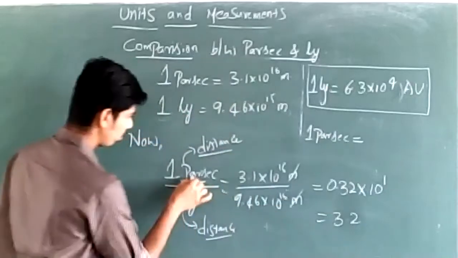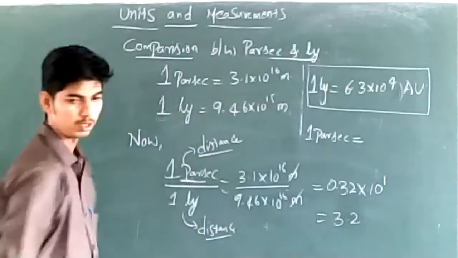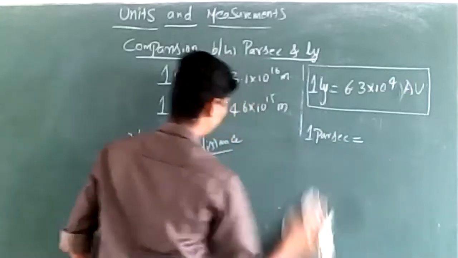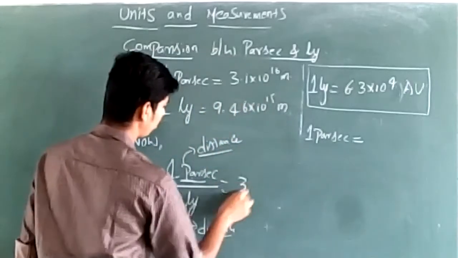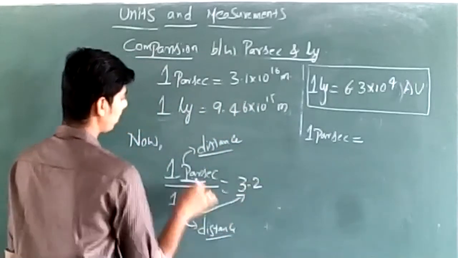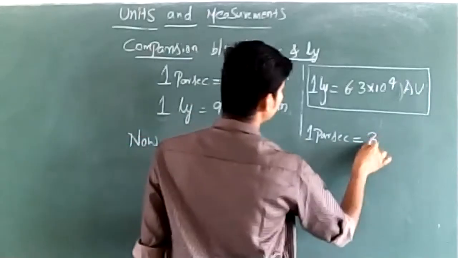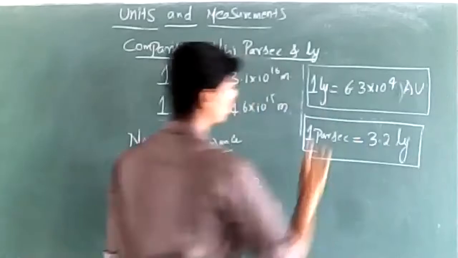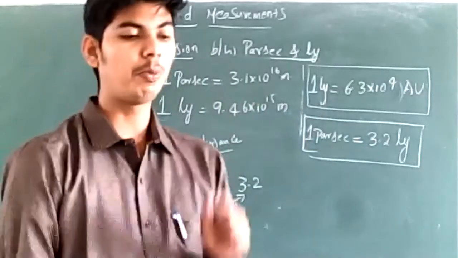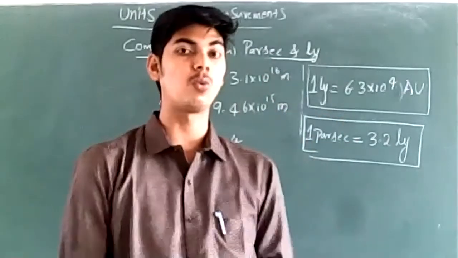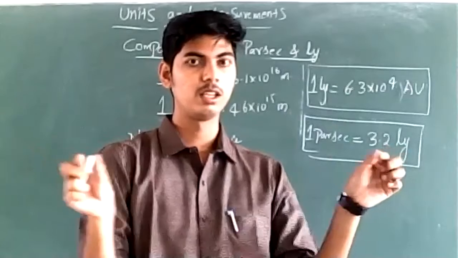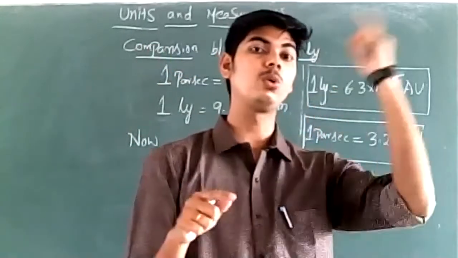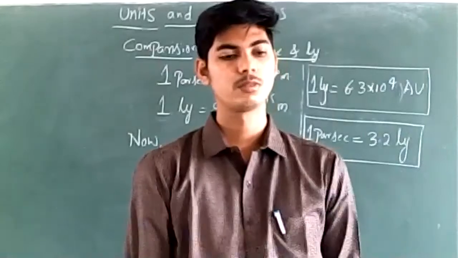ಹಾಗಾದ್ರೆ 1 parsec is equal to... ಇಲ್ಲಿ ಬರ್ತದೆ ಗೊತ್ತಾಗ್ತದಾ. ಇದು ಡಿವೈಡ್ ಮಾಡಿದ್ರೆ ನಿಮಗೆ ಎಷ್ಟು ಬಂತು, 3.2 ಬಂತು. ಇದನ್ನ ಈ ಕಡೆ ಮಲ್ಟಿಪ್ಲೈ ಮಾಡಿ, 1 parsec is equal to 3.2 light years. 1 parsec is equal to 3.2 times a light year. 1 parsec ಅನ್ನೋ ಡಿಸ್ಟೆನ್ಸ್ ಏನದಲ್ಲ, a distance of 1 parsec is equal to 3.2 times a light year, right?